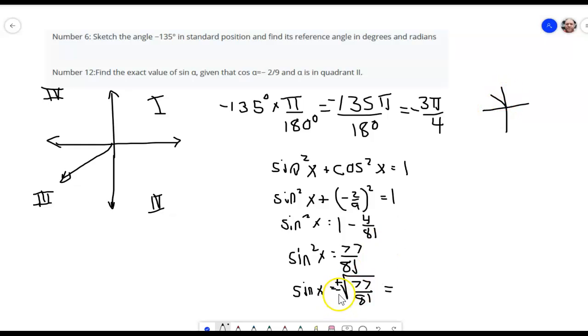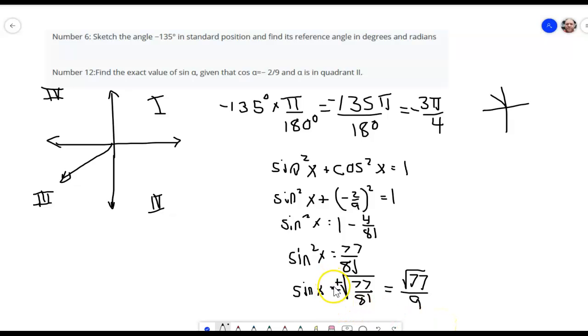So we can ignore the negative solution there. We're only looking at the positive values. So this is going to be the square root of 77 all over 9. Right? And that should be your answer right there.